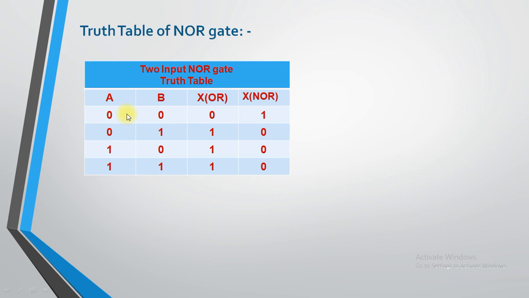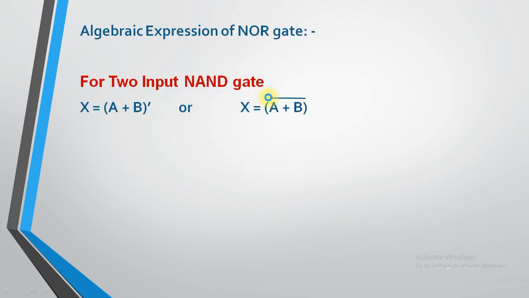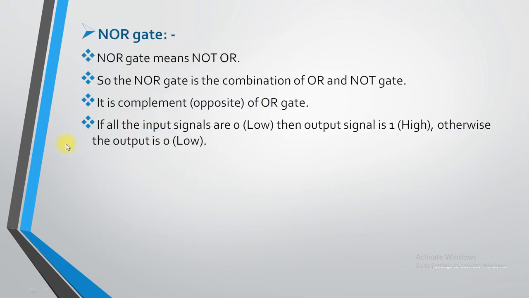Now in the theory what you are going to write is that if both the input variables are 0, at that time you will get 1 or high output in the NOR gate. Let me switch to the last point.